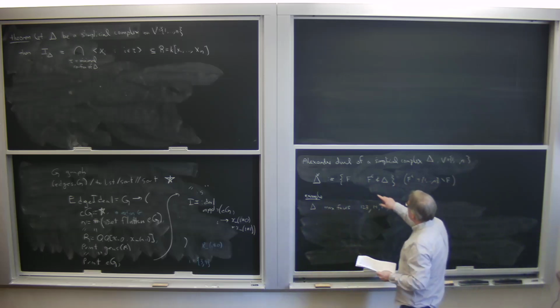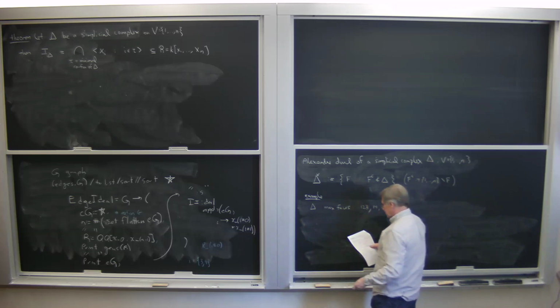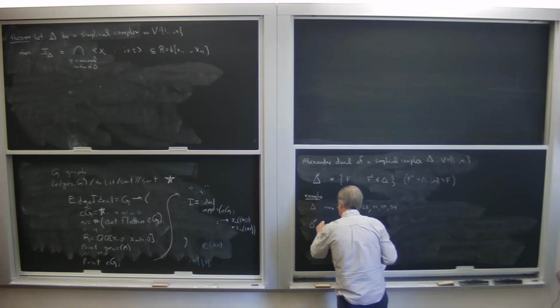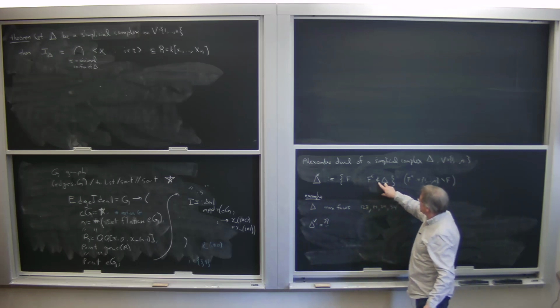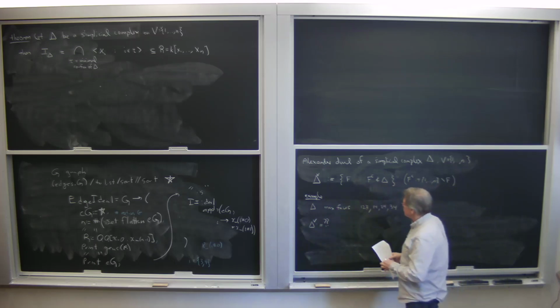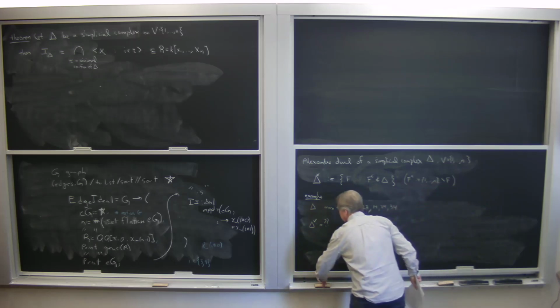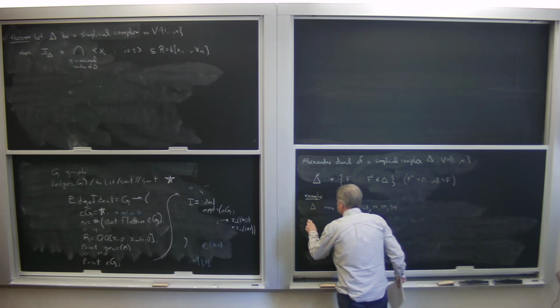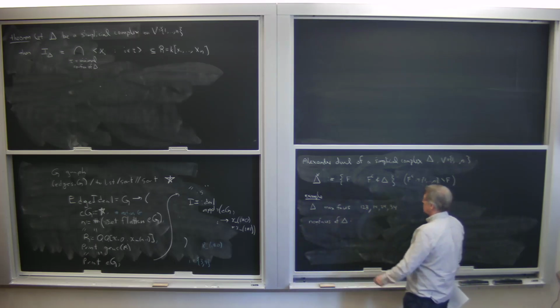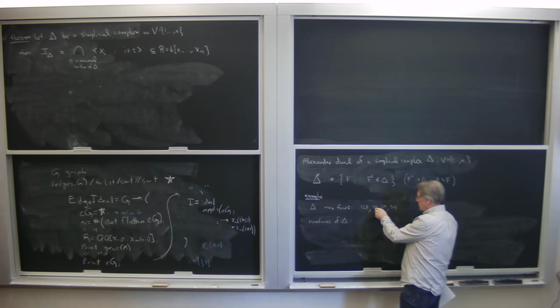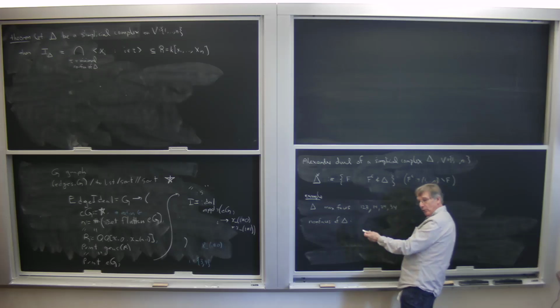Now, what is in the dual? I want to take the non-faces of delta and then complement them. So what are the non-faces? Almost everything except the four things we had before: the triangles involving 4 and then the whole tetrahedron.